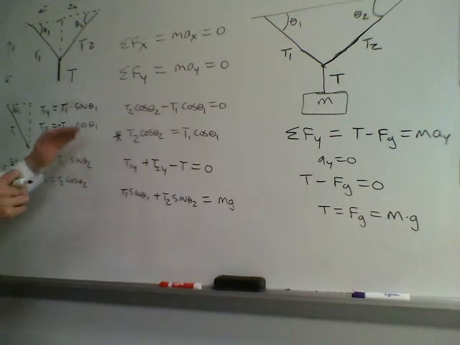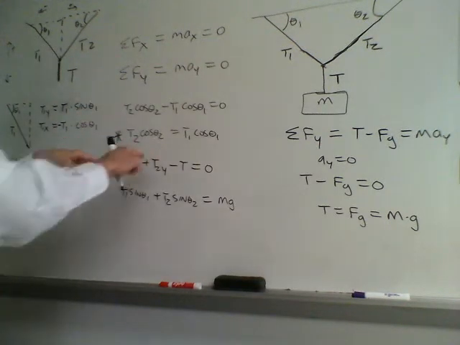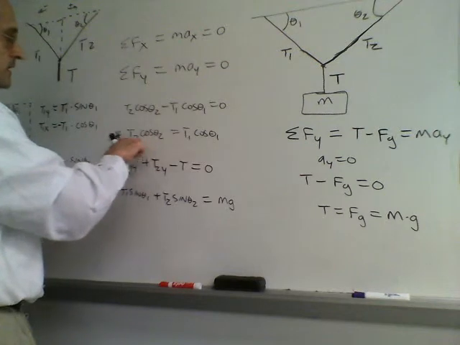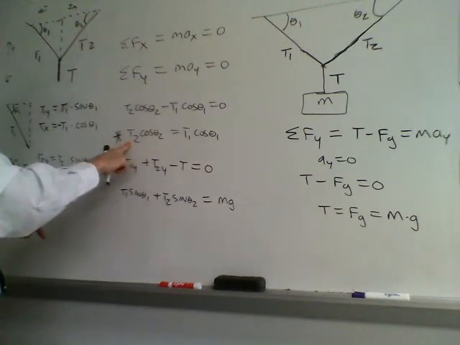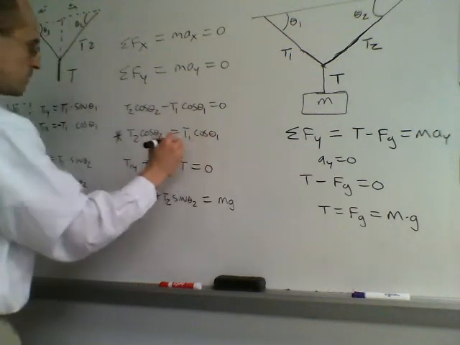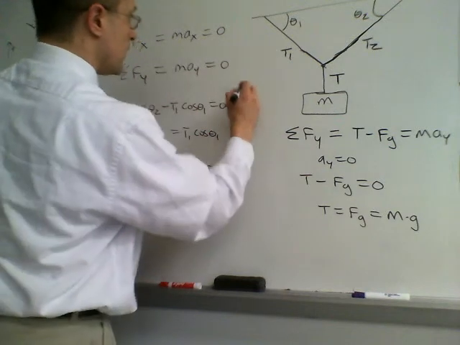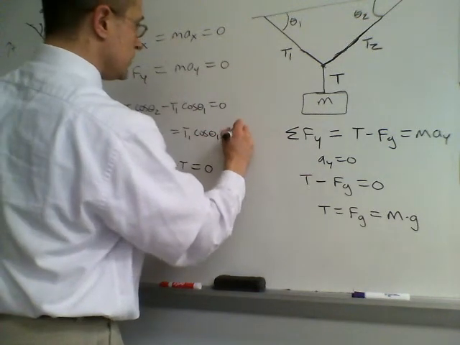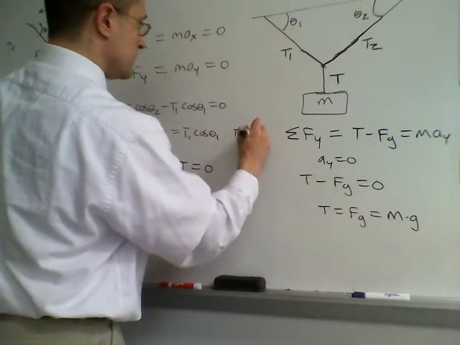And if we're going for a solution, we can now plug in for T2, because we can solve for T2, and we can see that T2 is going to be T1.